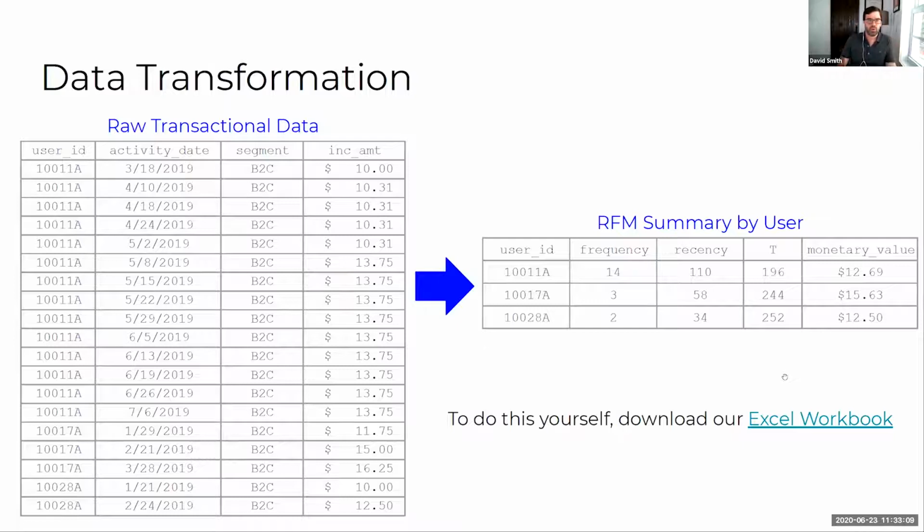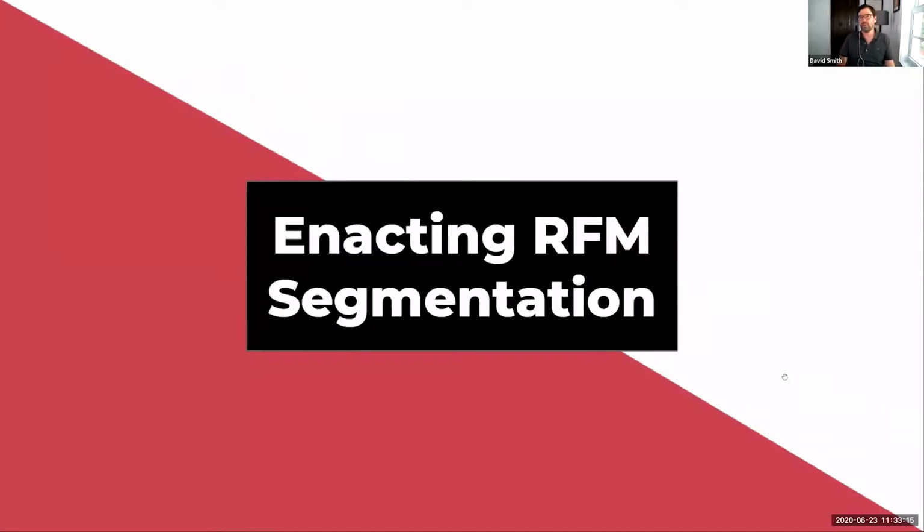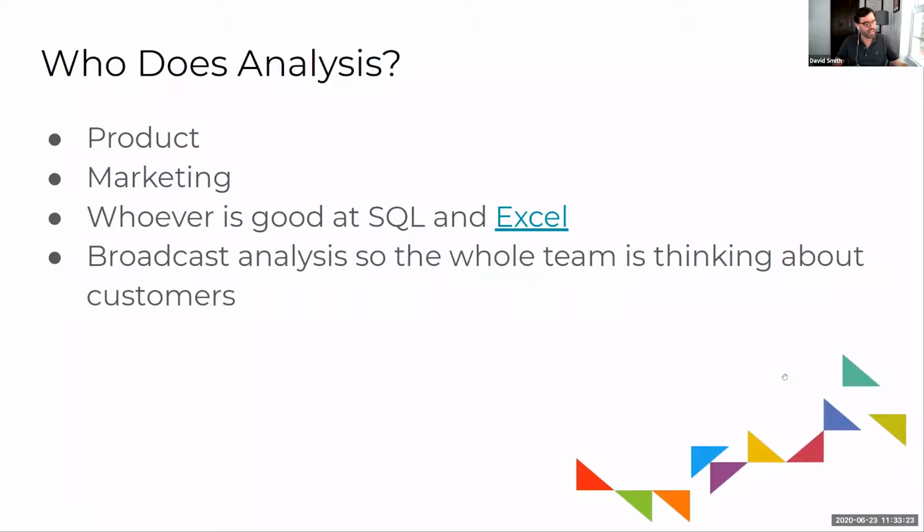All right, so we have transformed our data and figured out an RFM summary, and now let's talk a little bit about how to operationalize this. Who should do this if you have a relatively small startup? It could be anybody, frankly. Typically, it's somebody either in product or in marketing.